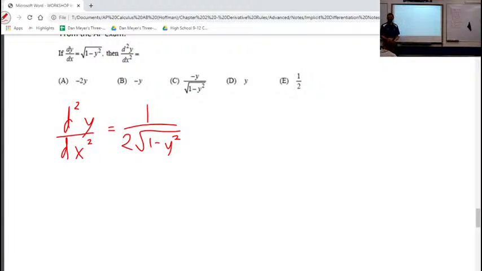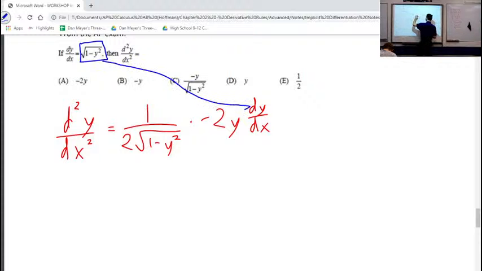But then after that, I need to bring in the chain rule, times derivative of the inside part. Derivative of 1 minus y squared, that's going to be a negative 2y dy dx. So once again, I know what dy dx is, so I'm going to bring it in here.